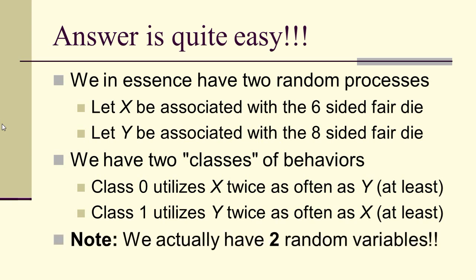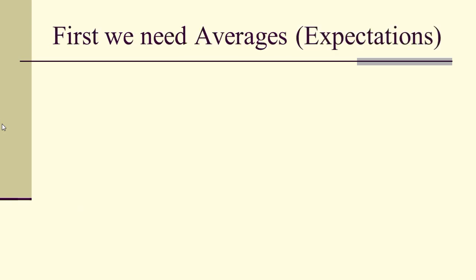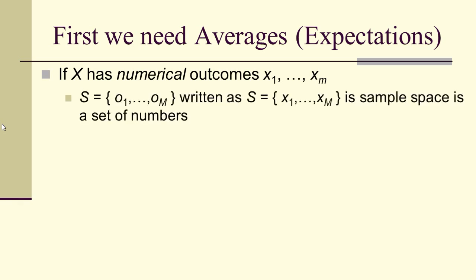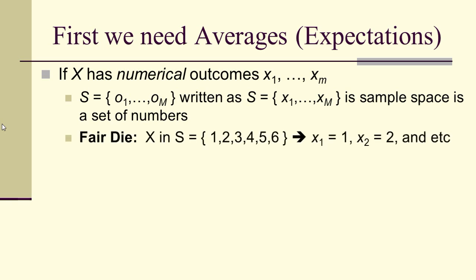So notice we have two random variables here, and Class 0 prefers one over the other. Class 1 prefers the other over the X. So let's look at the averages. If X has numerical outcomes x1 up to xm, and we roll a fair die where X is in S equals {1, 2, 3, 4, 5, 6}, then x1 is 1, x2 is 2, and so on.